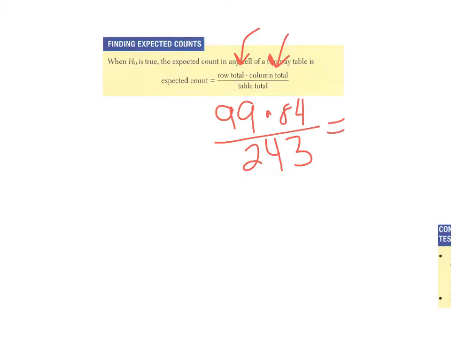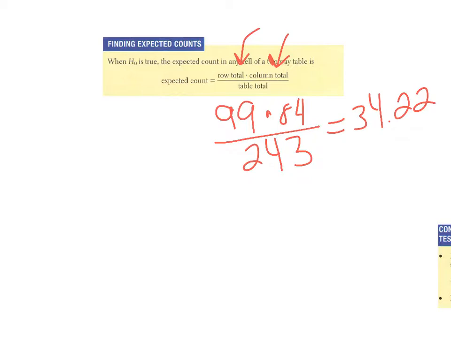And that will give you that same 34.22 expected French entrees when no music was being played. So you can use that formula to find your expected counts.